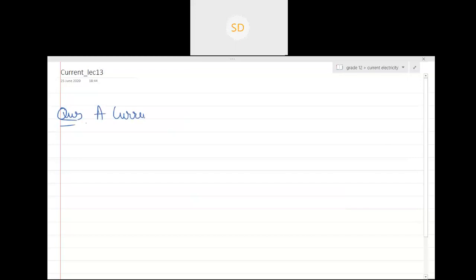Current passing through a resistance. This is a typical JEE advanced question based on current electricity.